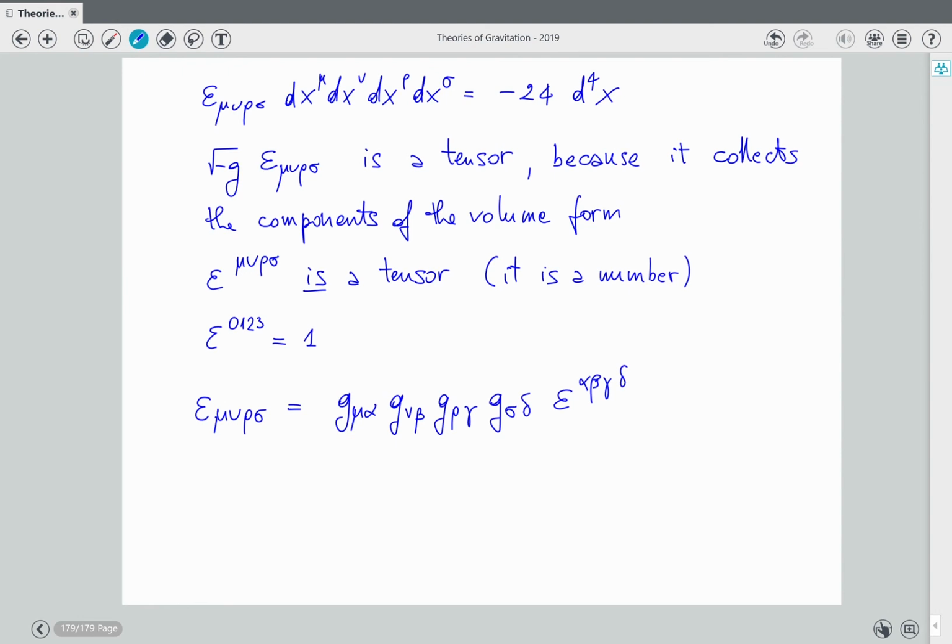Now, let's see if we have time. The Weyl tensor is very important because it has a very special symmetry property.